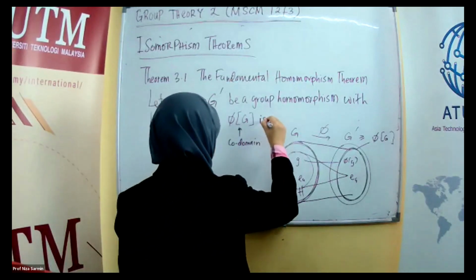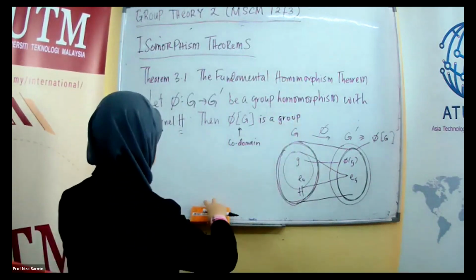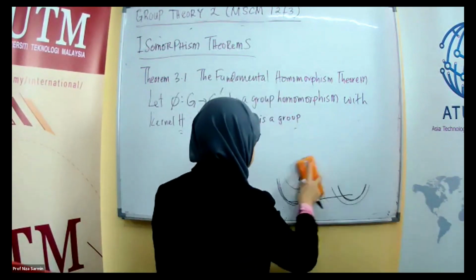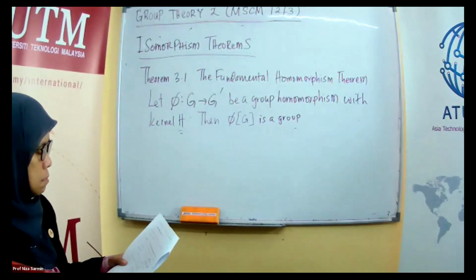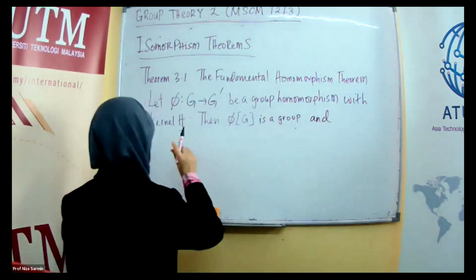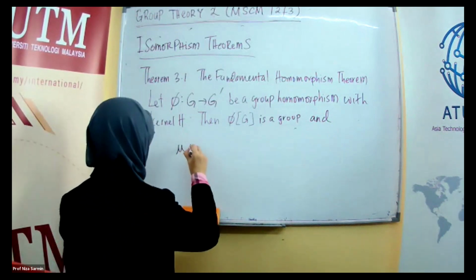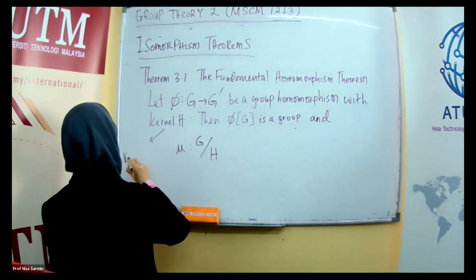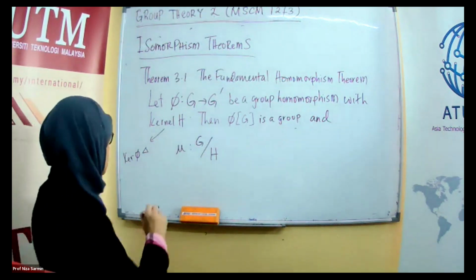Then this is a group, because the original G is a group, and you have a homomorphism. So it's a group, and you have this mapping mu. Now, the kernel of anything is always normal.